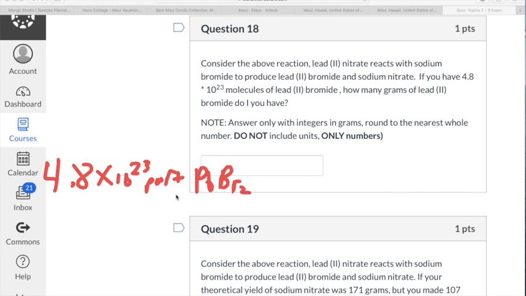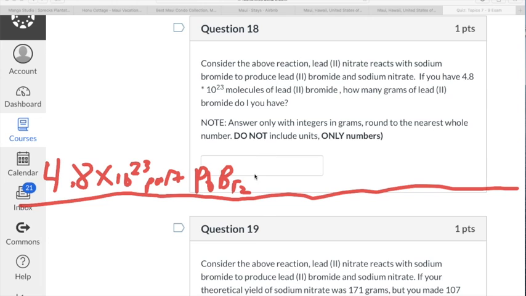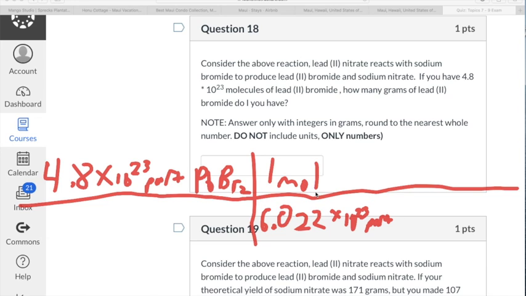I'll put this in my happy little stoichiometry conversion table here, and say, all right, I'm in particles of lead bromide, and I know that if I had 6.022 times 10 to the 23rd particles of lead bromide, I would have 1 mole of lead bromide.